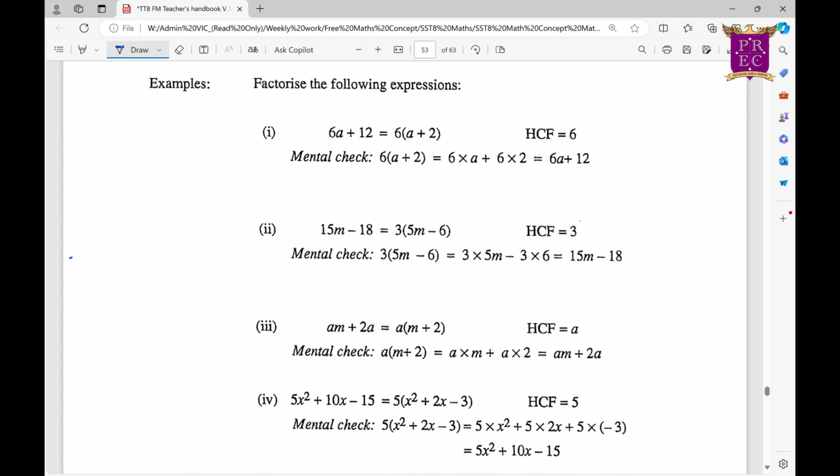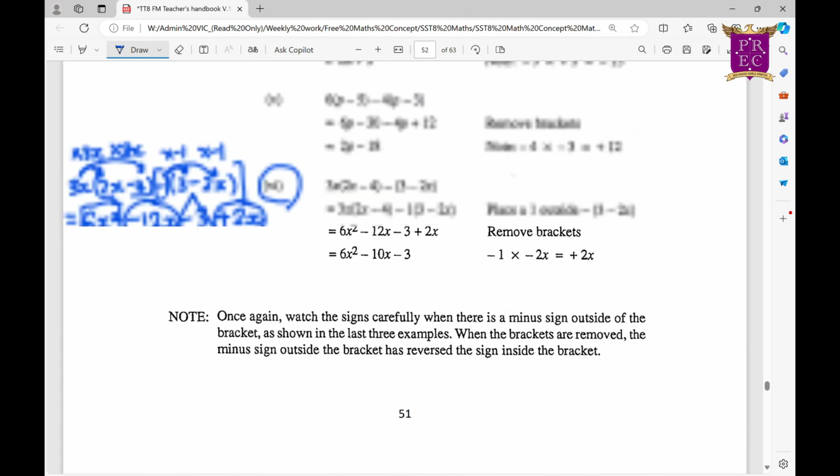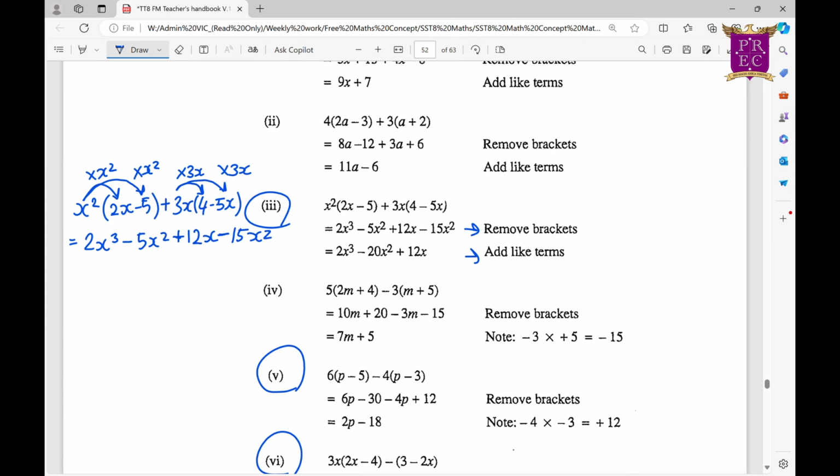And now, it's asking you to group all the like terms together. So 2x cubed has no like terms because nothing else has x cubed in it. However, negative 5x squared is a like term with negative 15x squared because they both have x squared as their pronumeral.